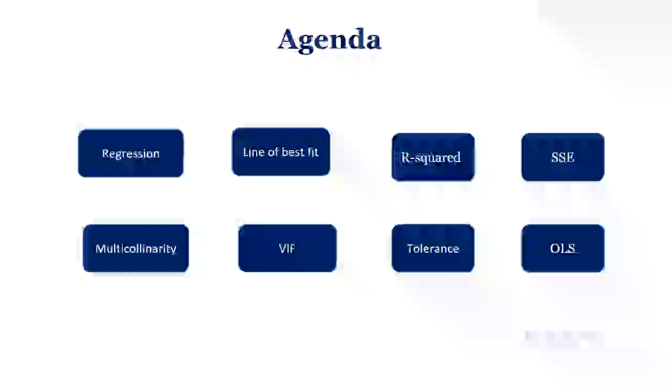These are very much important. That is why I'm showing you in the start, so that you get to know what all these terms are about. I will also be explaining OLS in detail, what ordinary least square is, apart from R squared and sum of squared error, because these three terms are very much important.